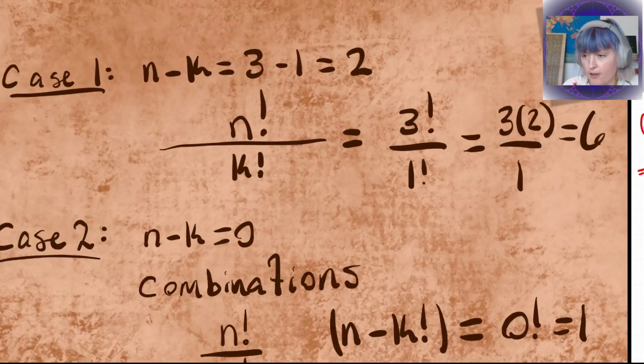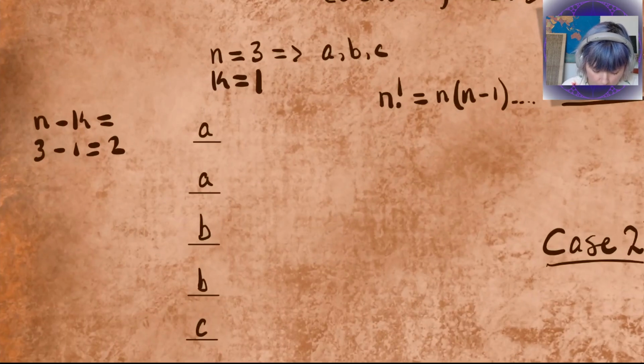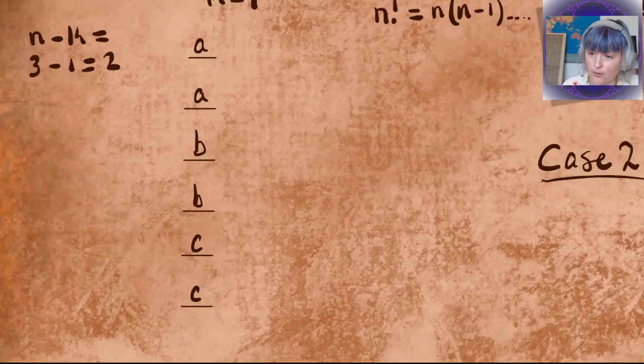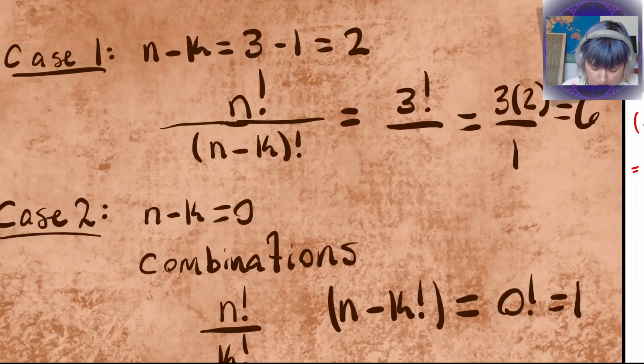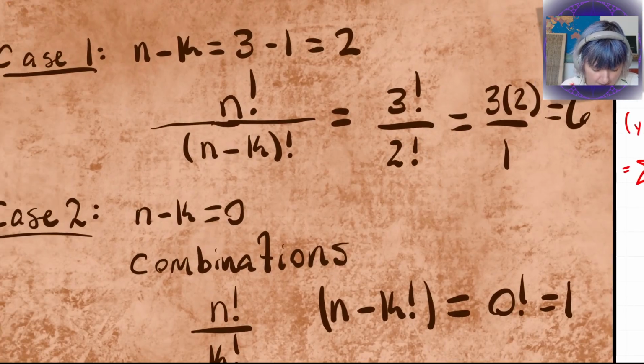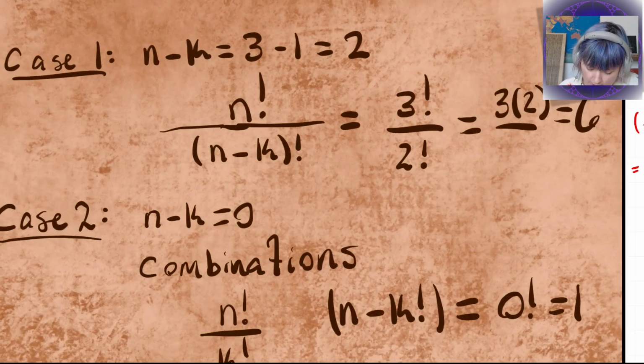So then, if we try different things, maybe we can try n minus k. Because ultimately we are taking away n minus k rows over here. Okay, so n minus k in this case is 2 factorial. Maybe that's a little closer. 2 factorial is 1 times 2, 2. So then you would have 6 over 2, so it looks like it's closer.